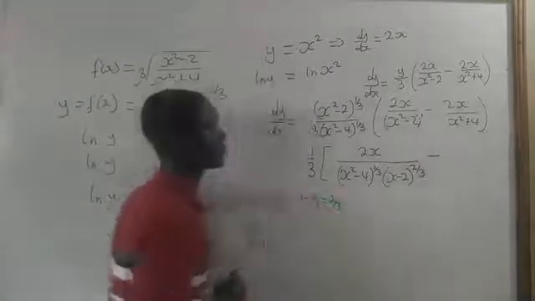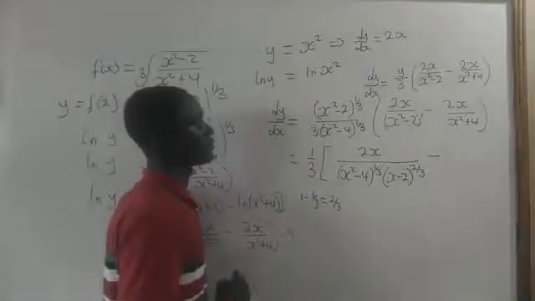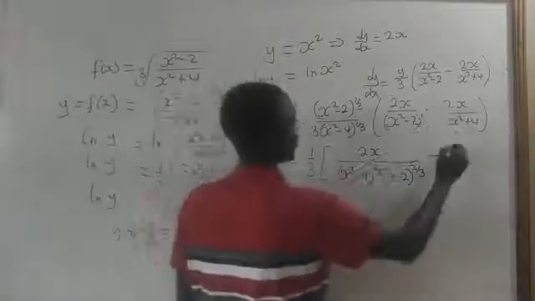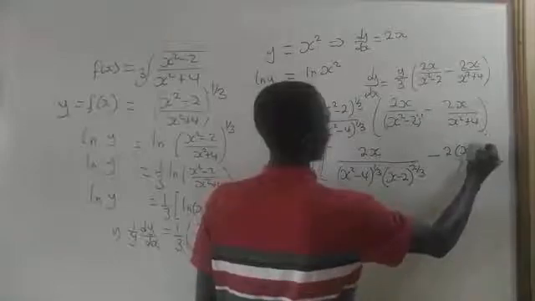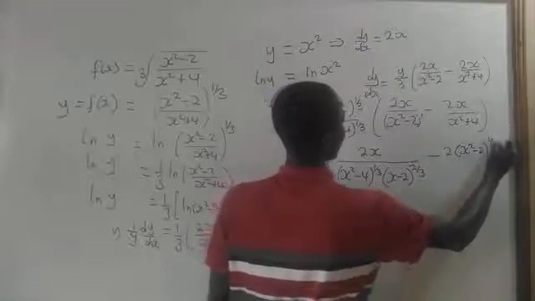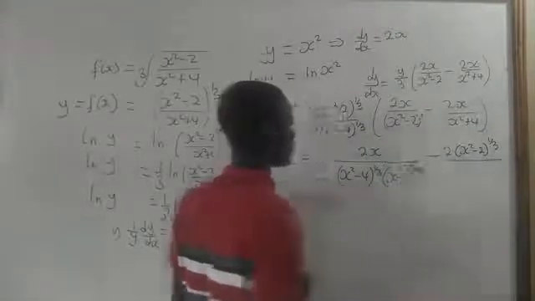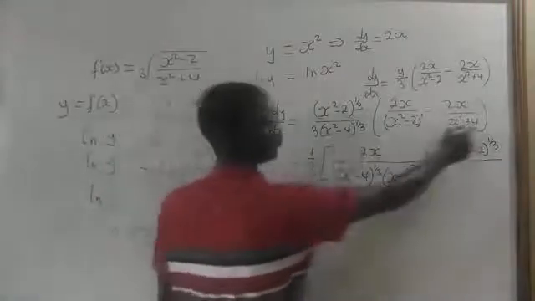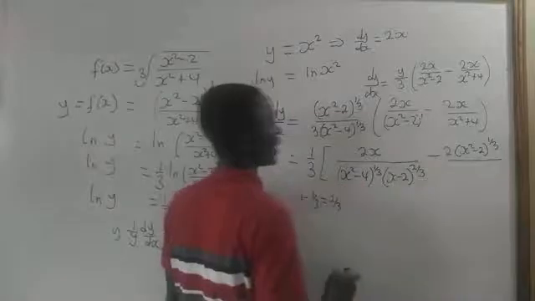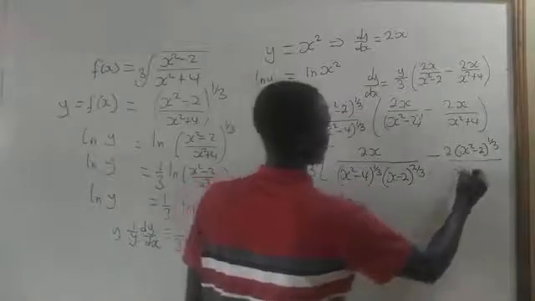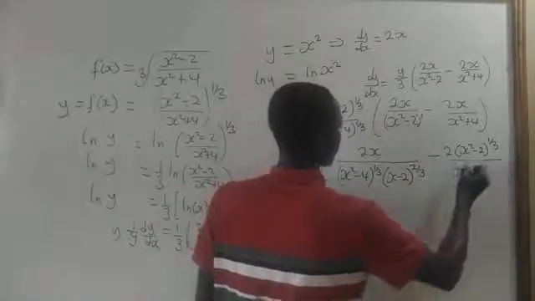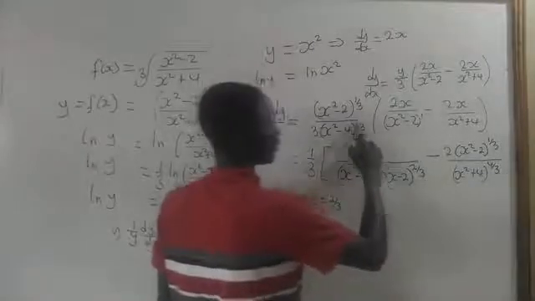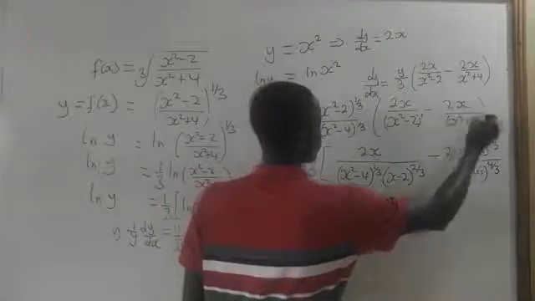Minus, here, this will multiply this. I'll have 2 times x squared minus 2 to the power 1 out of 3, all divided by, this will multiply that, and I'm going to have x squared plus 4 to the power 4 out of 3. Because I have 1 out of 3 plus, this is also to the power 1.